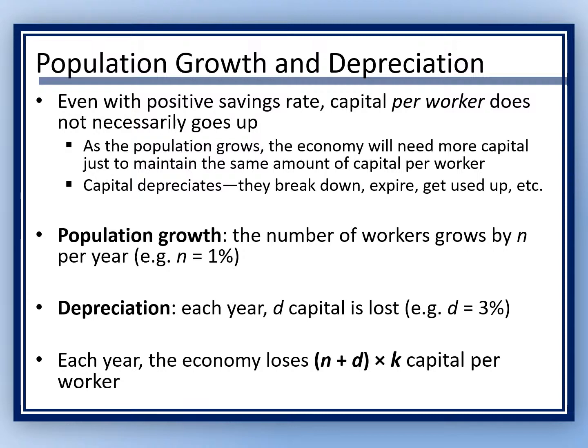That's how much each worker is losing. Once again, remember the model expresses everything per worker. So if each worker has $100 of capital, and there's a population growth rate of 1% and a depreciation of 3%, that means he loses $4 per year.